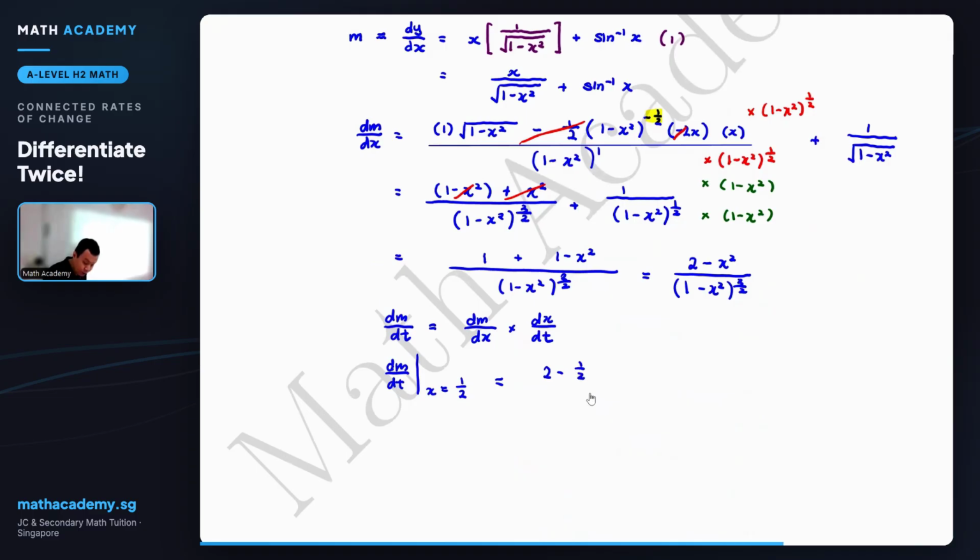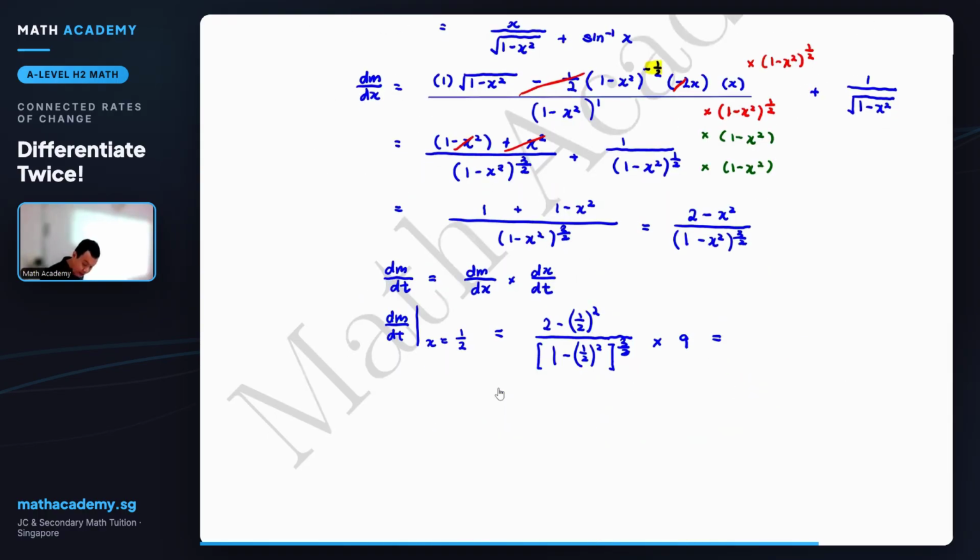Let's substitute x to be half. Okay, they want exact value, so let's evaluate the numbers slowly.